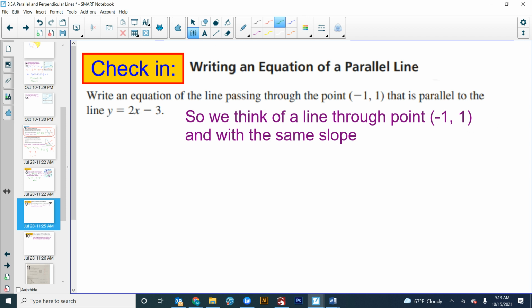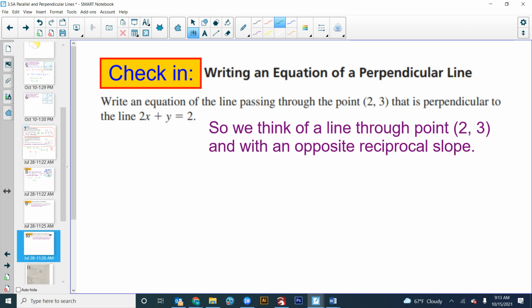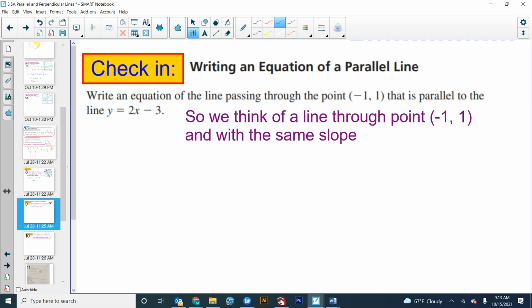All right, last problem for today that we'll have time for. I know it's a little tricky. Write an equation of the line passing through the point -1, 1 that is parallel to y equals 2x minus 3. How confident are you with graphing y equals 2x minus 3?